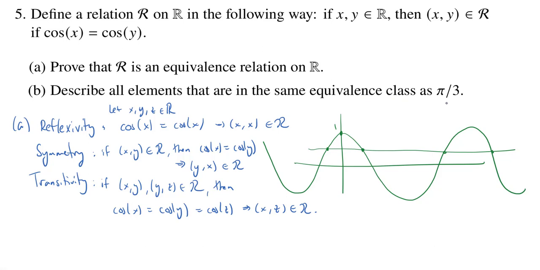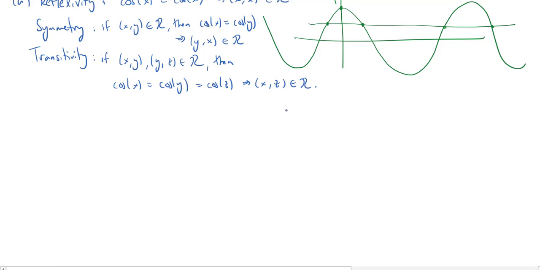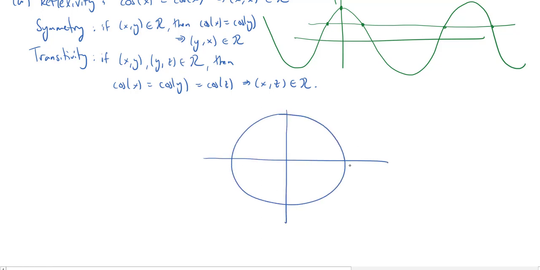We can take any real number we like and ask what are the points in the same equivalence class. It might be helpful to draw a unit circle here. We draw a nice unit circle, and pi over 3 radians, the same as 60 degrees, would be right here.